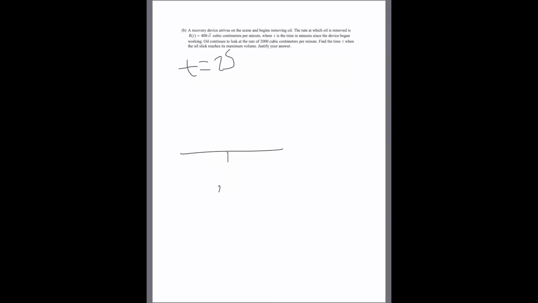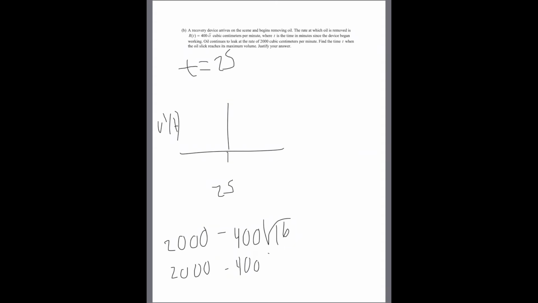When we do the number line, we're looking at V prime of t. If you look at the V prime of t that you wrote at the top, it's 2000 minus 400 radical t. So when you plug in a number under it, I'm going to plug in 16, only because I know that's a very simple radical. 2000 minus 400 times 4.